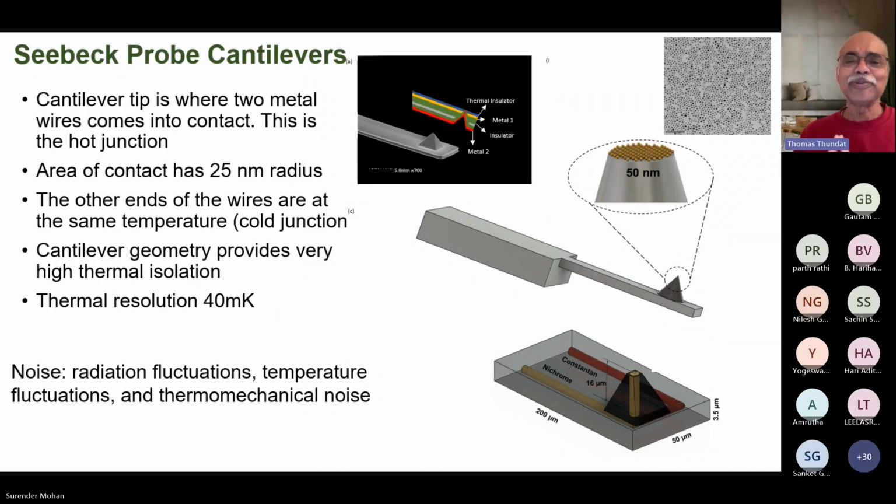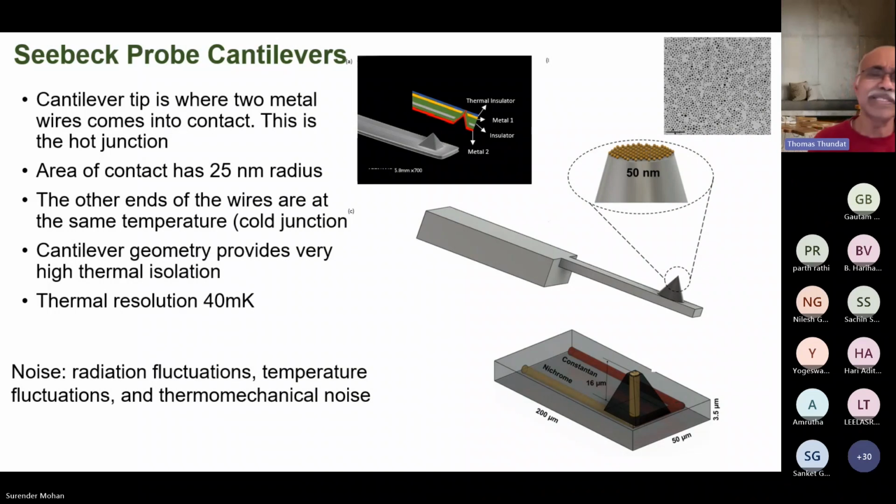This is where the two metals come in contact, and the thermal resolution of this arrangement is around 40 millikelvin. Compared to a 100 micron cantilever coated with, say, aluminum, you can get 10 millikelvin pretty easily.